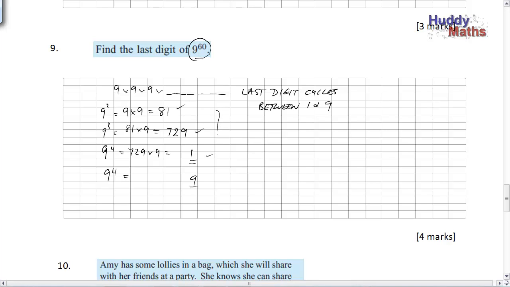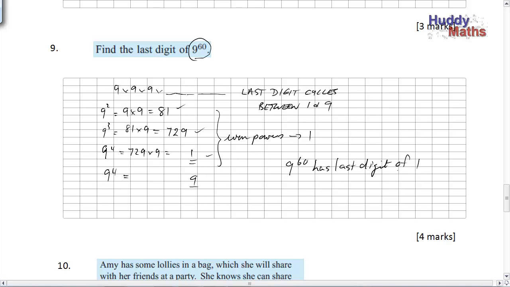So with that cycling, even powers are going to end up in a 1 every time. Okay, and you've got an even power here, so you're going to deduce from that 9 to the 60 has a last digit of 1 from that pattern that you see there.